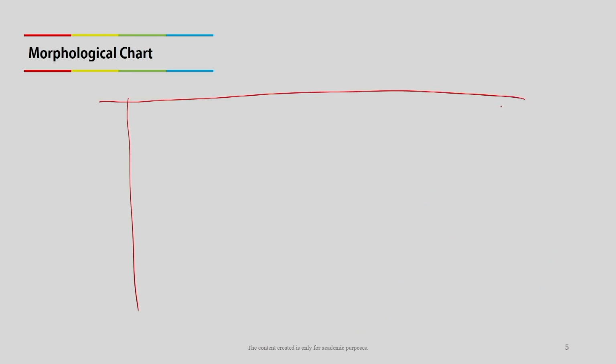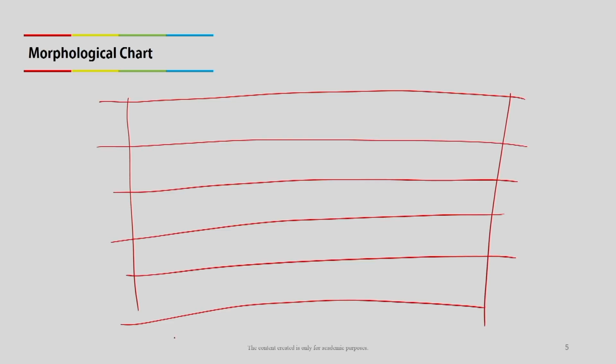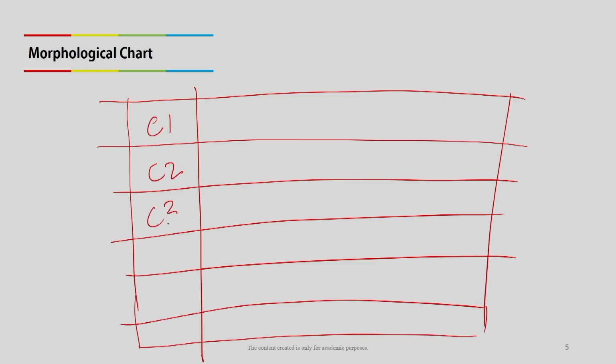Next is the morphological chart. Morphological charts are used when you are clear about the components of the product. For example, in a product you have 6 components: component 1, component 2, component 3, component 4, component 5 and component 6.